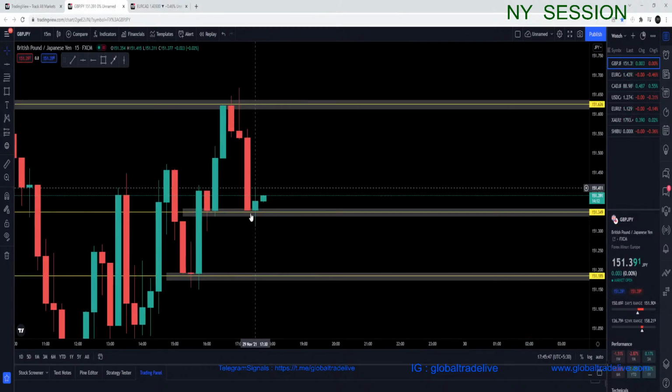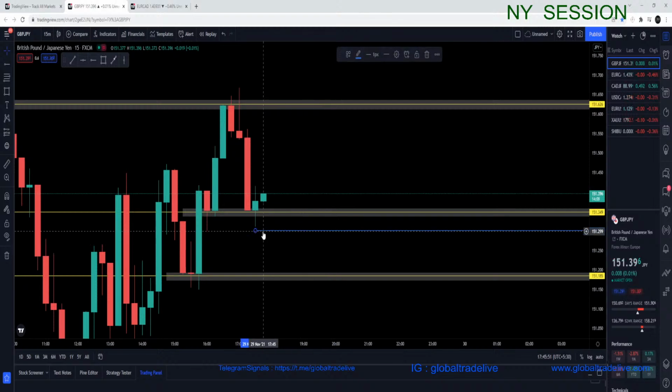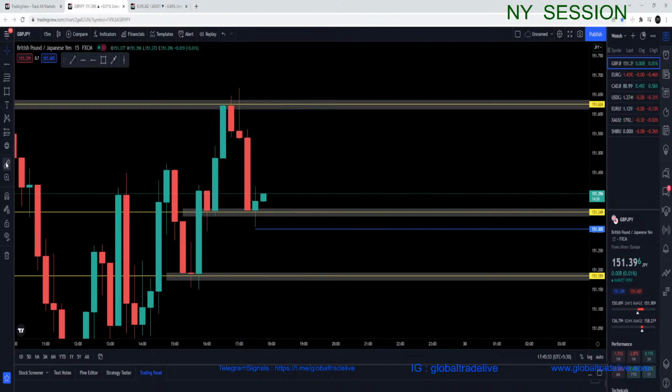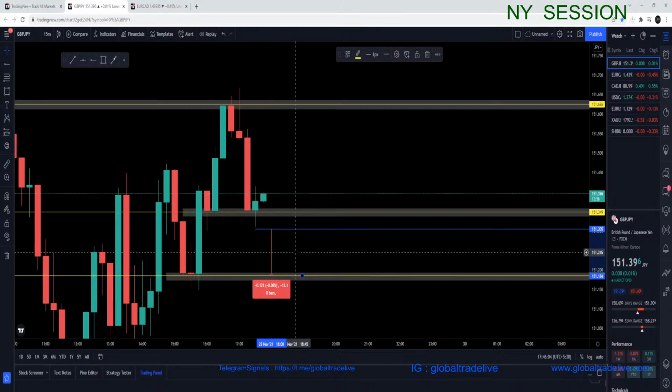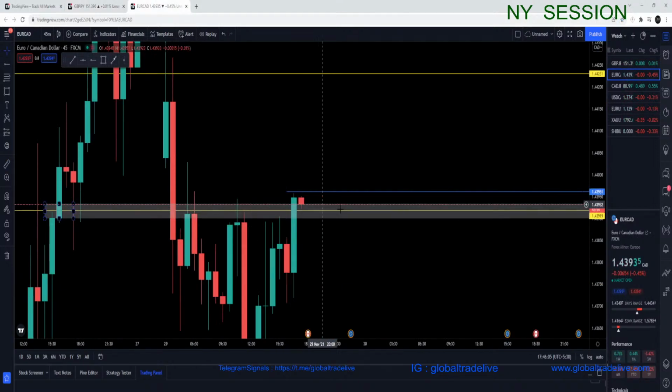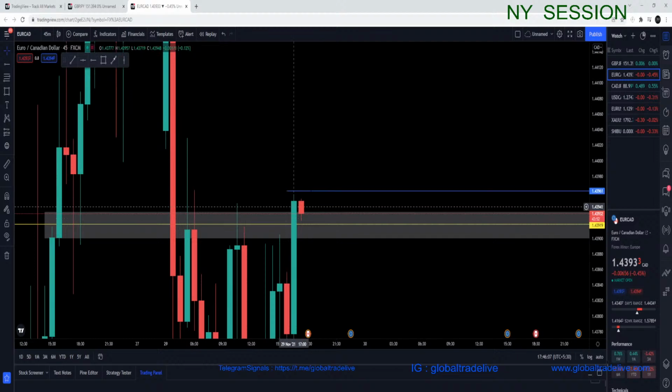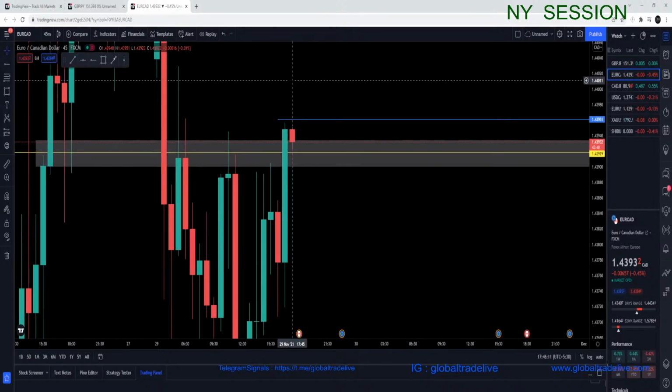And GBP also closed like a good candle over here. So what I'm gonna do is, once this candle breaks the low, I'm gonna take a sell trade, but the range is really less. Only 12 pips. Okay, so I'm gonna just focus on this EuroCAD.